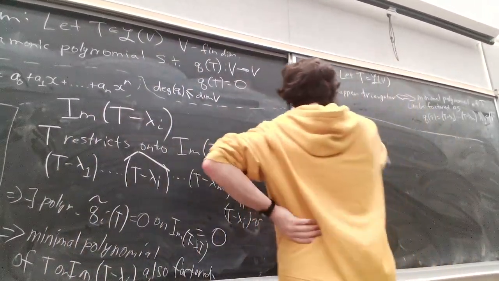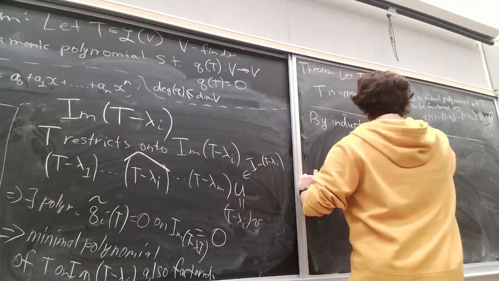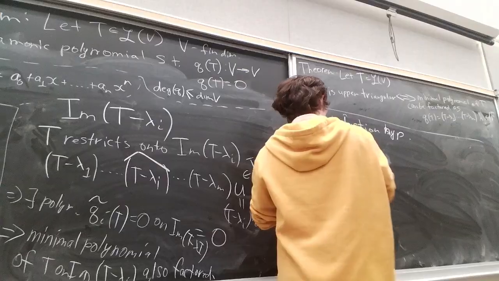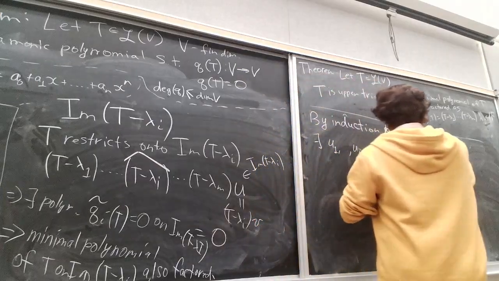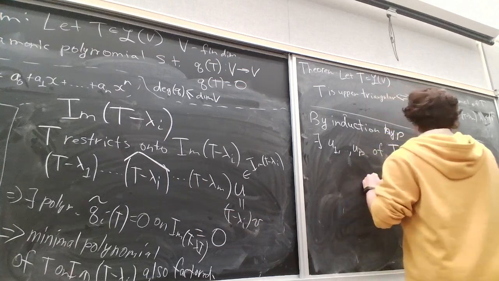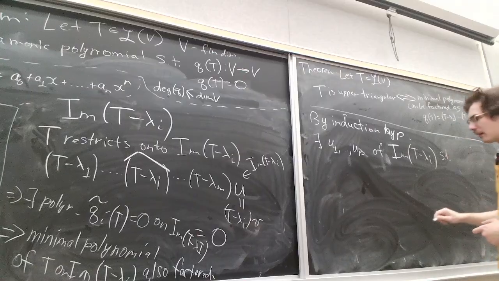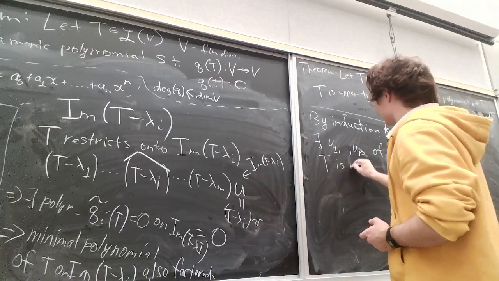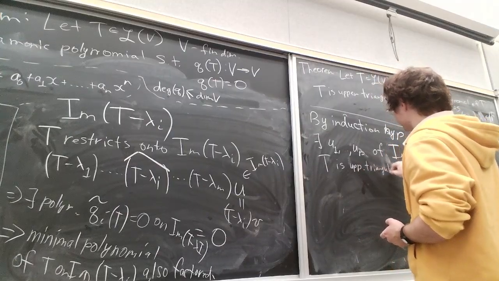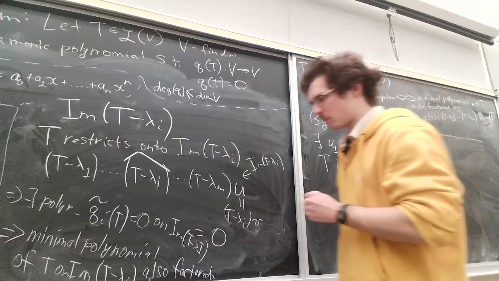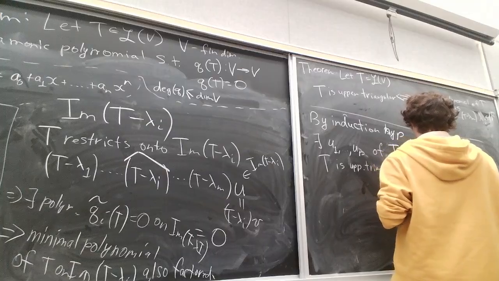So by induction hypothesis, there exists a basis U1 up to UP of the image of T minus lambda I such that T is upper triangular with respect to this basis.